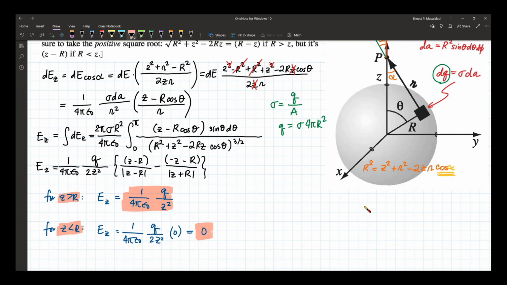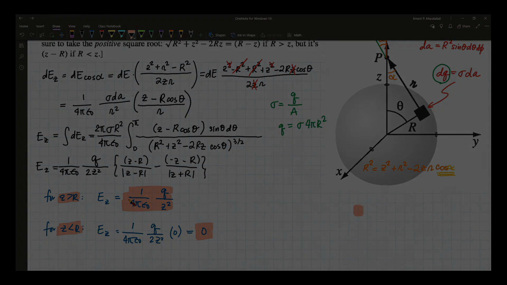Whereas if you place, let's say, a charge outside, that charge will experience an electric force because of the electric field created by your sphere. Okay, so this is now the result of problem 2.7 of Griffiths 4th edition.